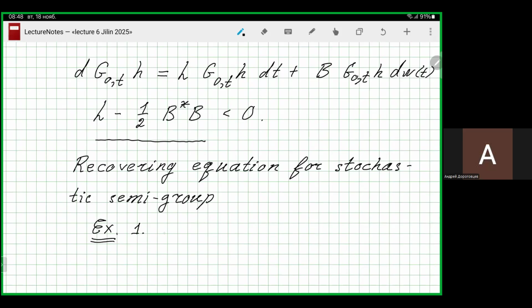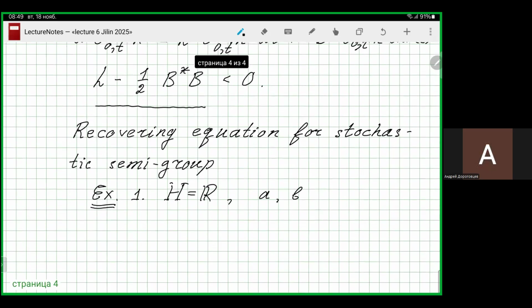Again, H is equal to R. Suppose that we have two numbers A and B, and now we have the following semigroup J_{st} as a multiplication of h by the exponent.